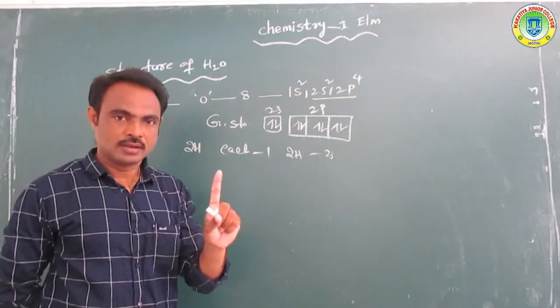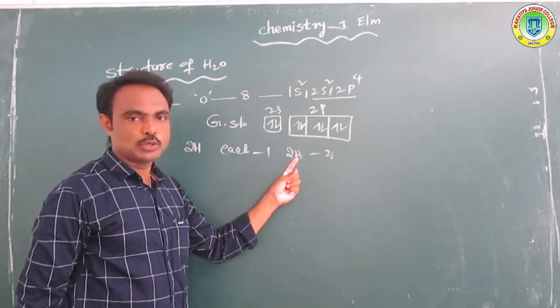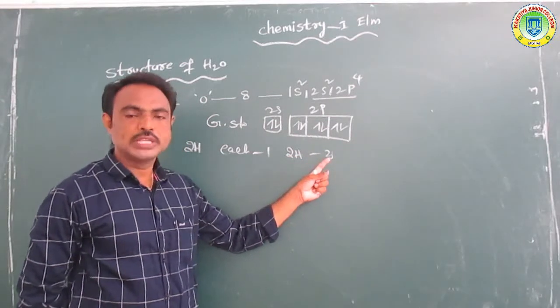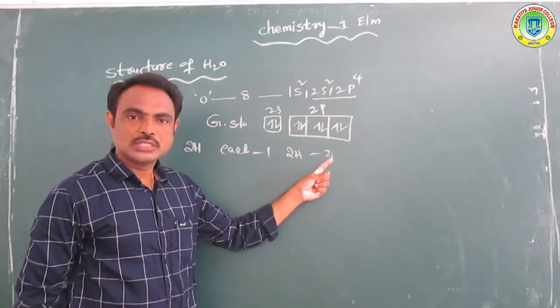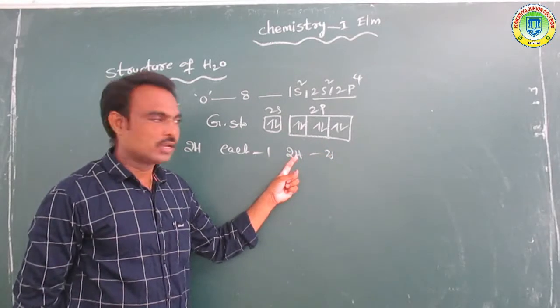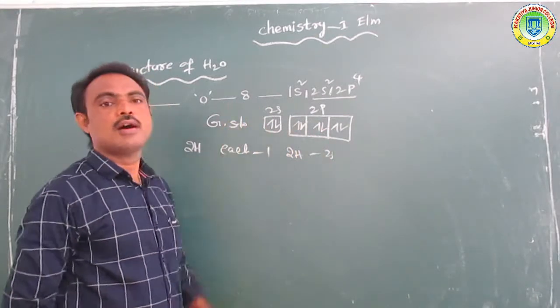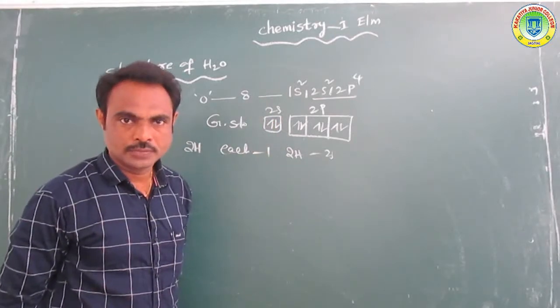So 2 hydrogen atoms contain 2 single electrons. These 2 single electrons are bonded with the 2 single electrons of the oxygen atom to form the water molecule.